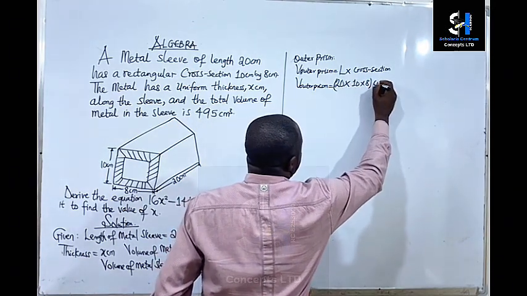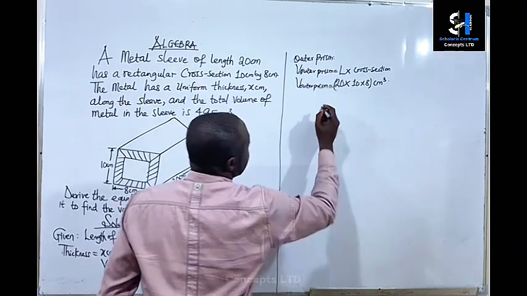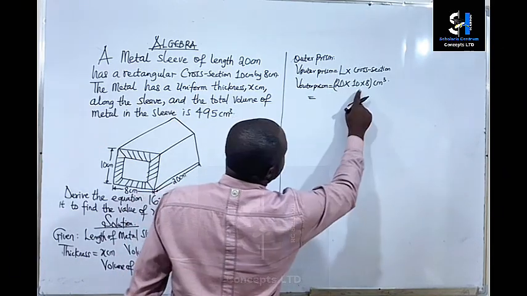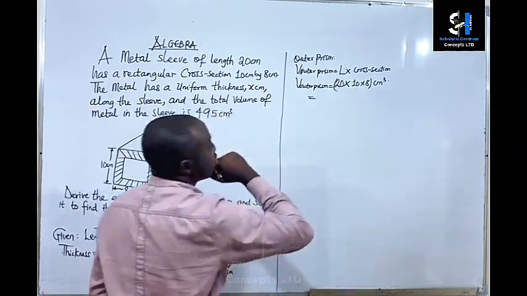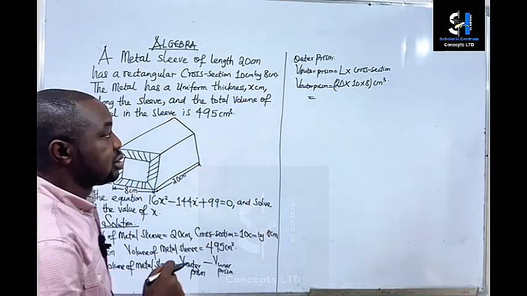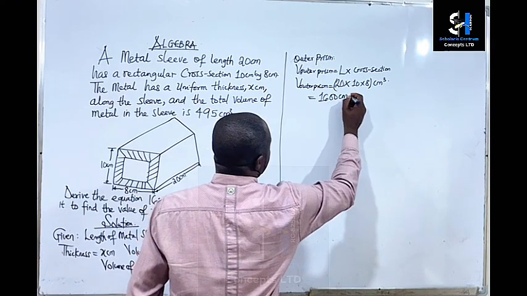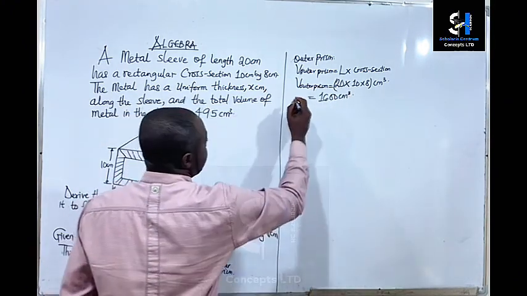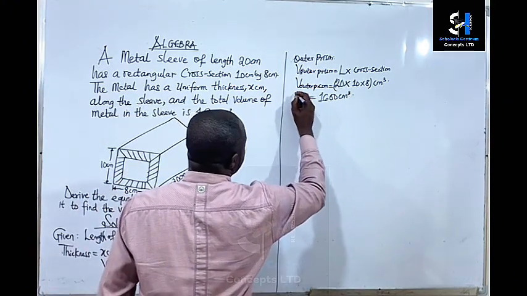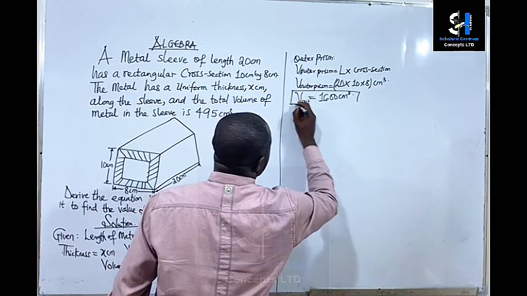The unit will be cubic centimeters. So 20 times 10 is 200, 200 times 8 is 1600. So that will be 1600 cubic centimeters, the volume of the outer prism.